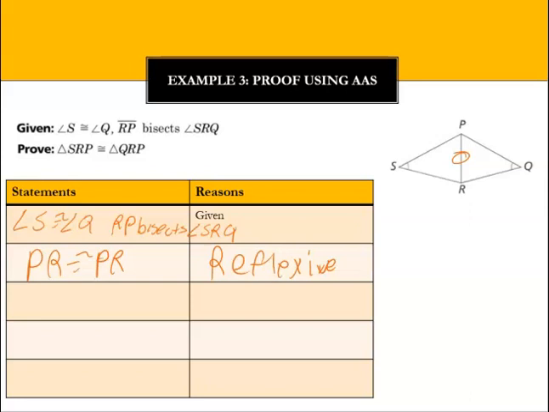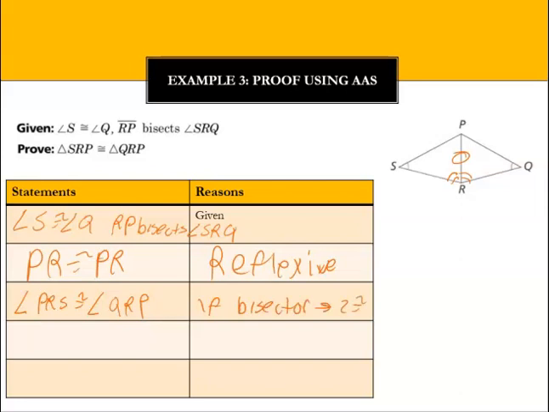So then the next thing, again, we have to figure out, we can't get any other sides, but we can get another angle. We know that angle R is bisected by PR. So we can say that angle PRS is congruent to angle QRP.